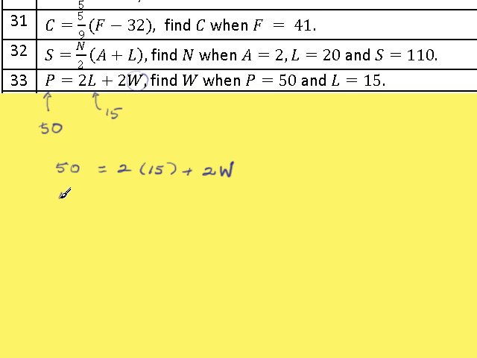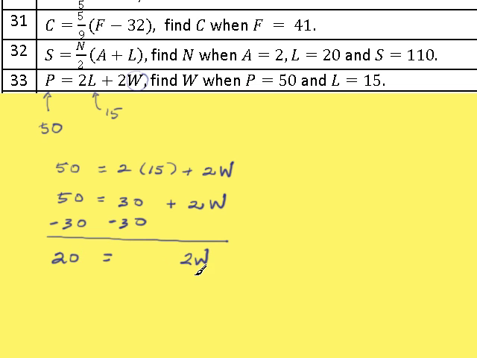So we have 50 is equal to 30 plus 2W, and just subtract 30. And we have 2W is equal to 20, divide by 2, and we get that W is equal to 10.